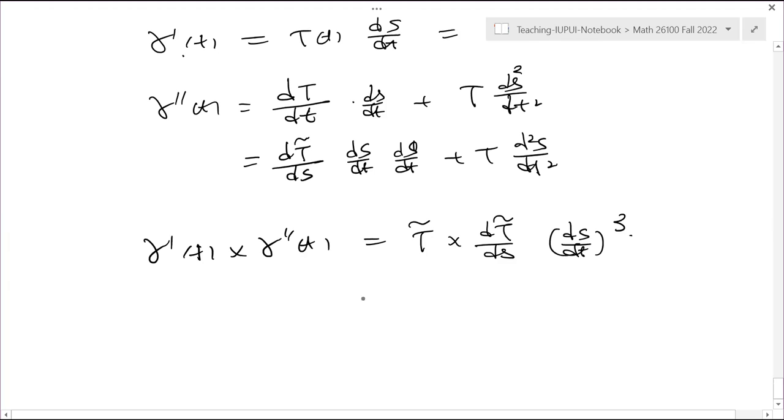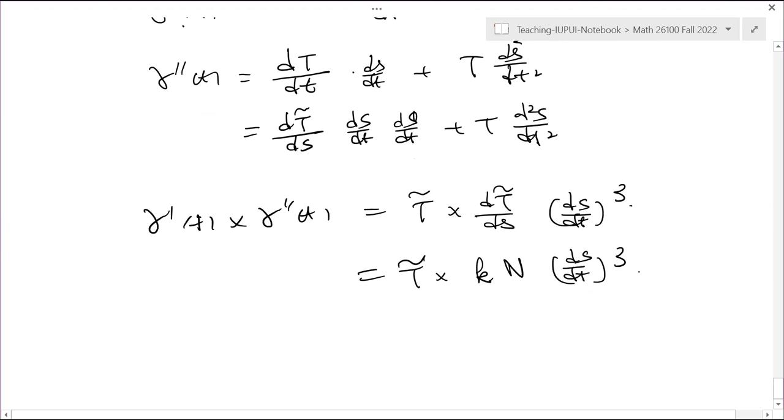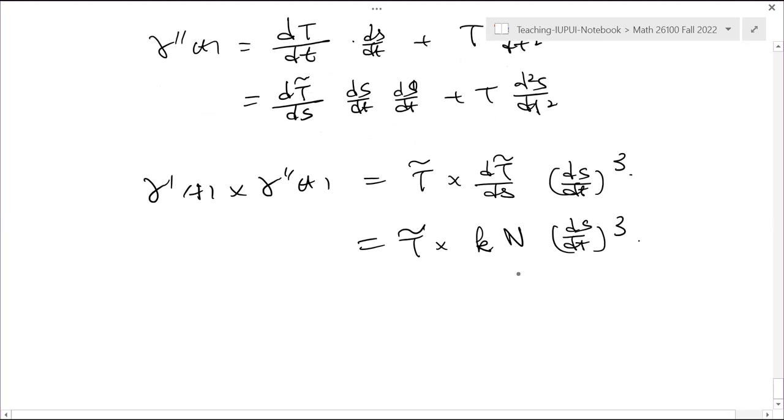Then remember, this term is T tilde prime, so it's curvature times N, right? Curvature times N and ds dt. That's how we define the curvature and the normal vector. So that will be curvature times N tilde. I'm going to use a tilde here whenever the parameter is s. All right, so we get this identity.